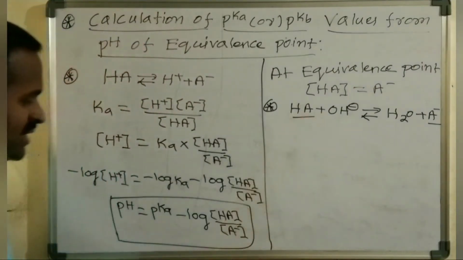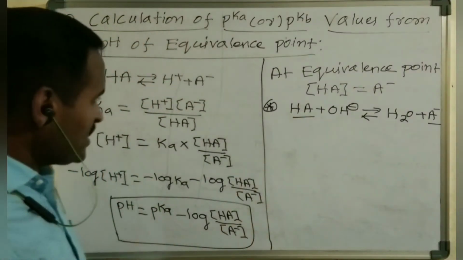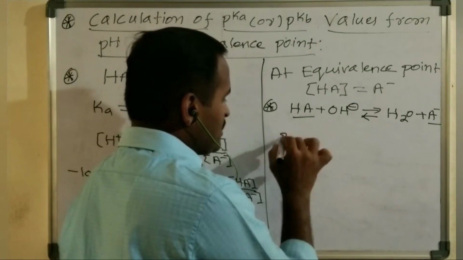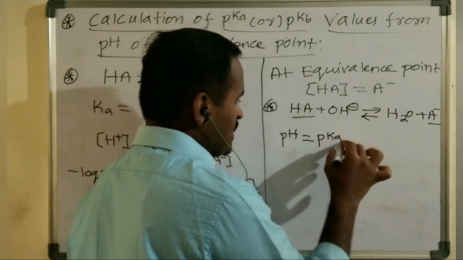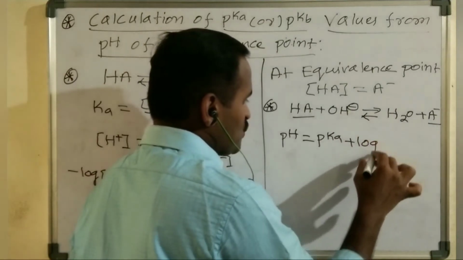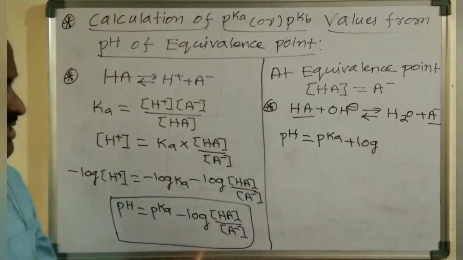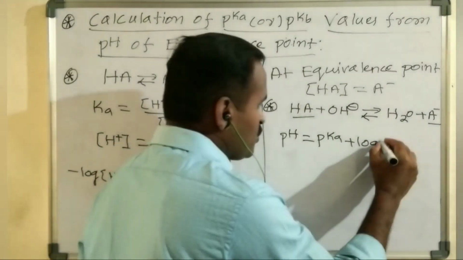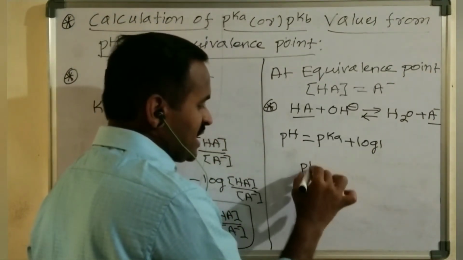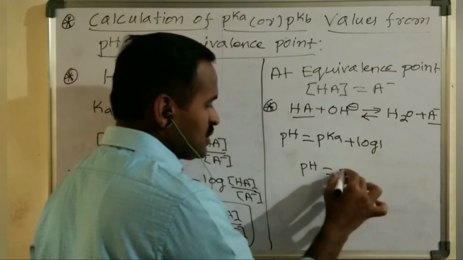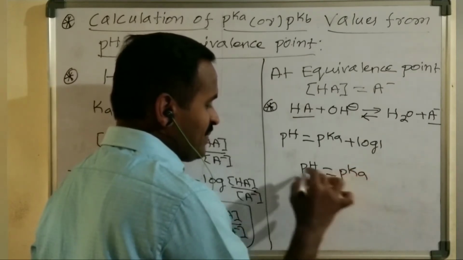If you put that in the above equation, you will get pH equals pKa plus log of the HA concentration and A minus ion concentration, which cancel and give log 1. So simply pH is equal to pKa.